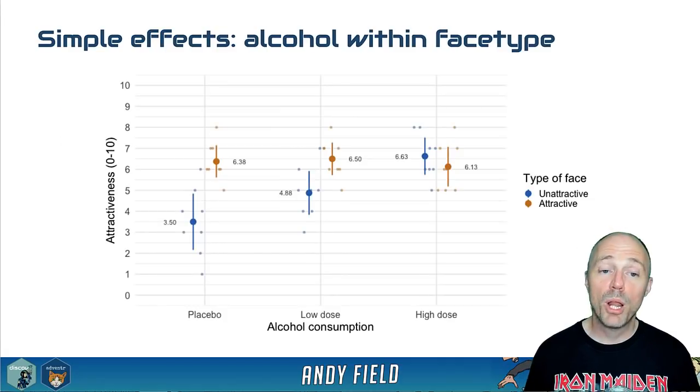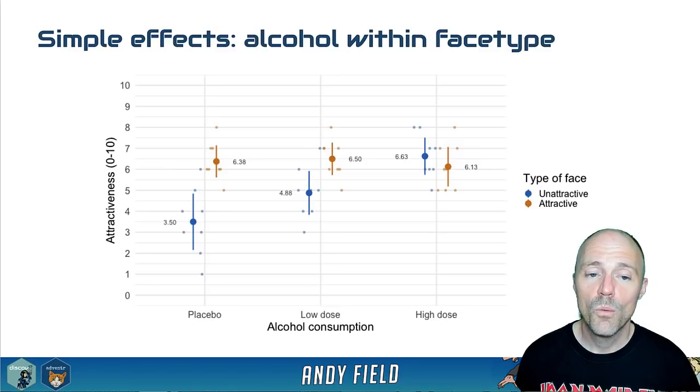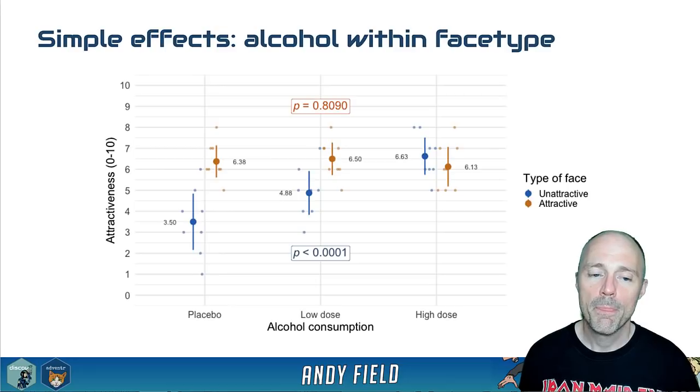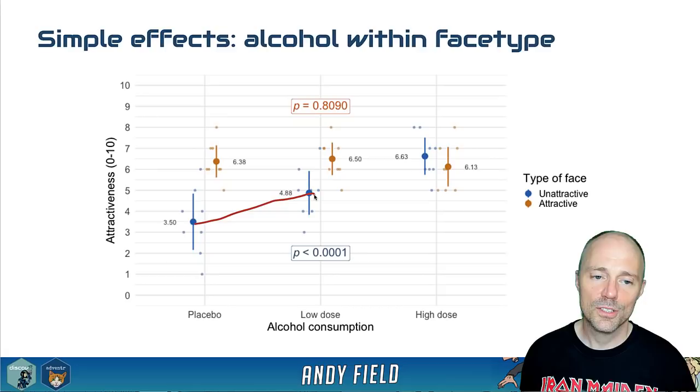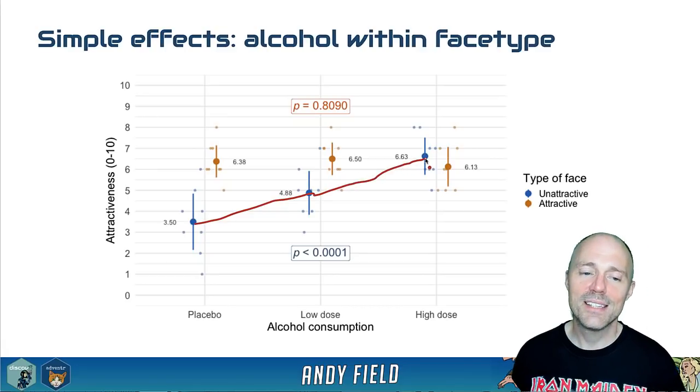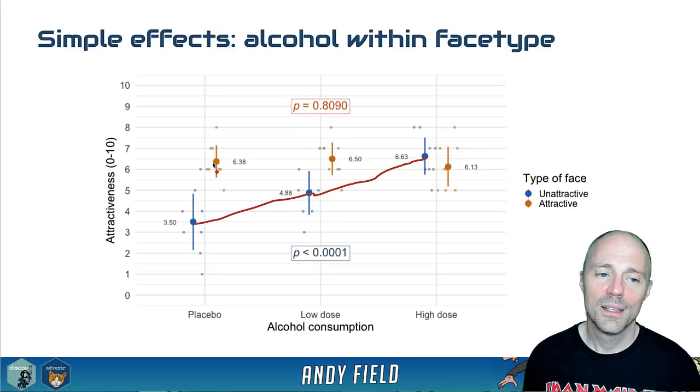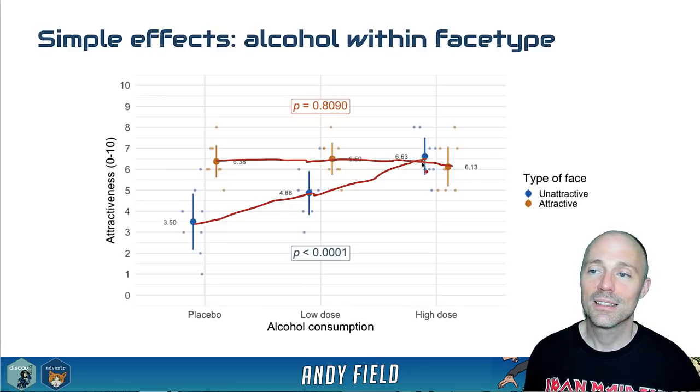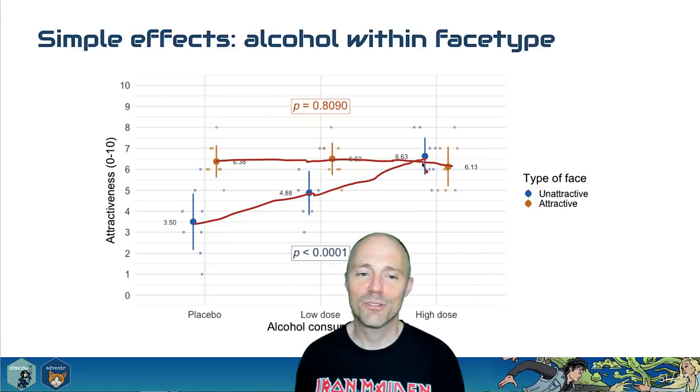Recapping that with our plot, what we are effectively saying is that this change in means for the unattractive faces is significant, but the change in means for the attractive faces are not significantly different.